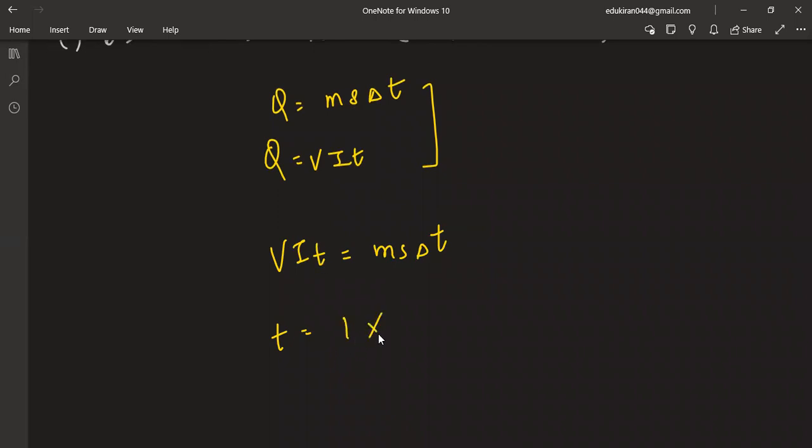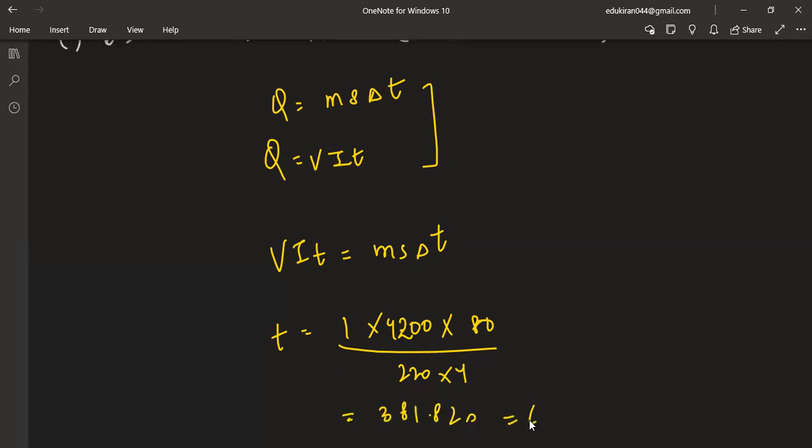So 1 kg is given. So this is 4200 into 80 divided by 220 into 4. So this is 381.82 seconds, which is equal to 6.3 minutes.